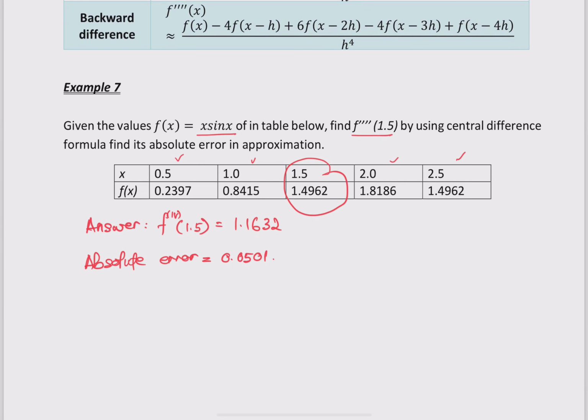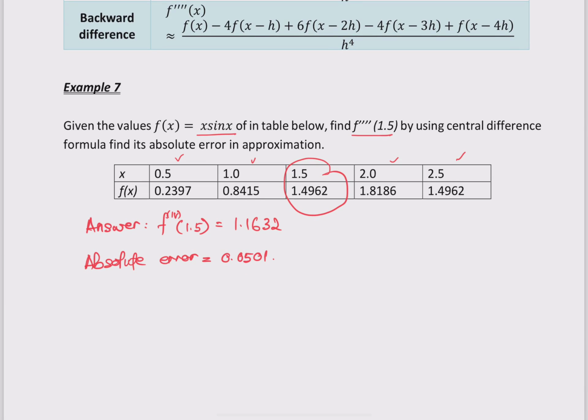So I think that is all about chapter 4, numerical differentiation. You only need to apply the formula, or you can also take a look at the sample past year final exam questions. We can also combine the problem with Newton divided difference, Newton backward, or Newton forward, and then we can ask you to find the value of that function, and then you just apply the formula.